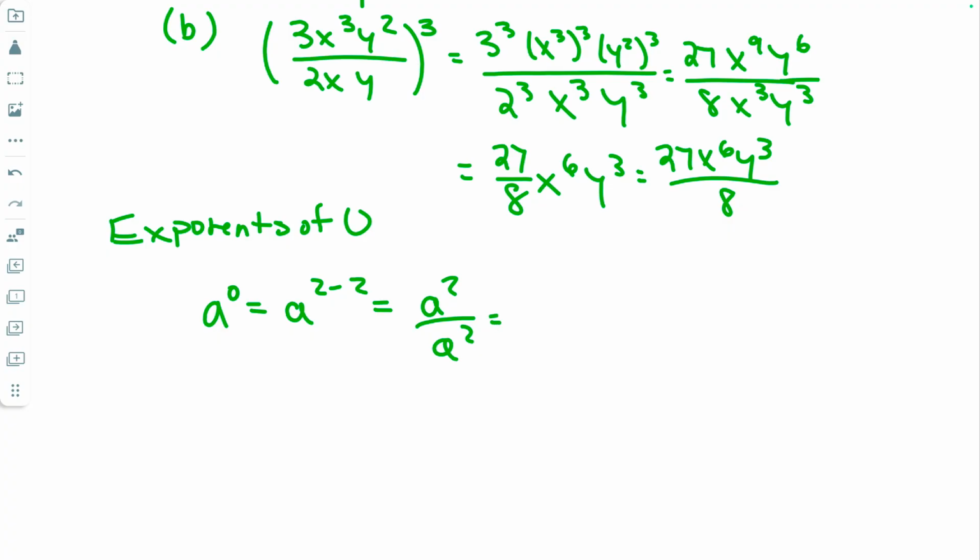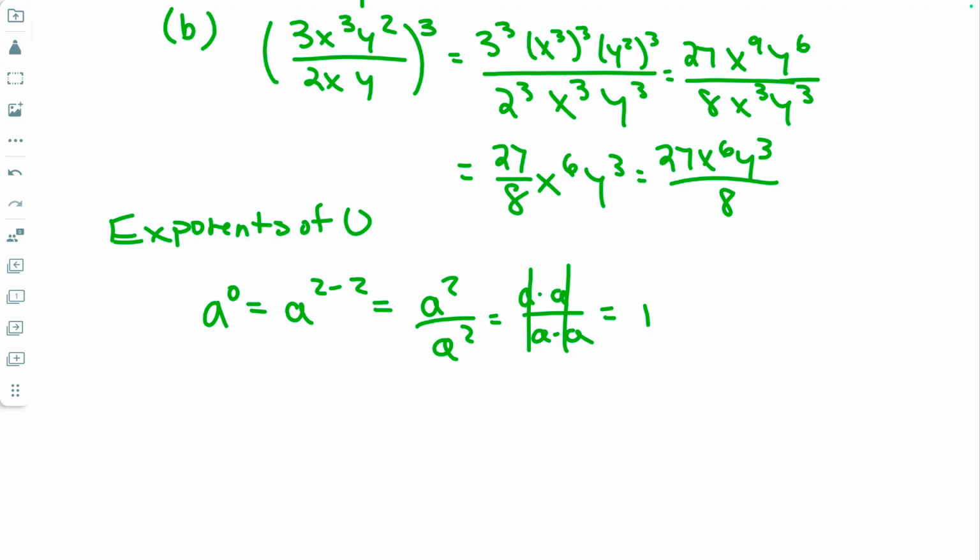Well, if we flesh this out, a squared over a squared is a times a over a times a. Well, cancel out, cancel out. What does this equal? 0. No, 1. It equals 1 because everything cancels out.